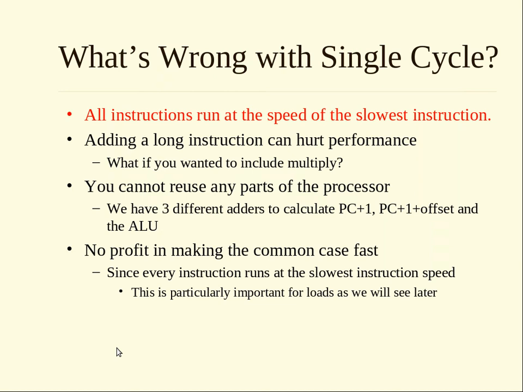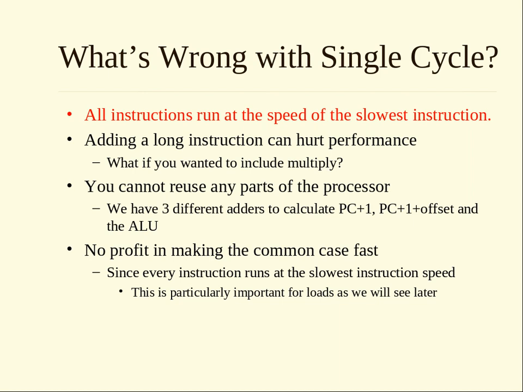Now, the problem here is all instructions run at the speed of the slowest instruction. We haven't gotten into further instructions yet. We will momentarily, but before we do that, it's important to note that adding a long instruction can hurt performance. Because if you want to do multiply, we haven't talked about how to do multiply yet, but hopefully you can see that if you wish to multiply something, you're really just adding multiple times.